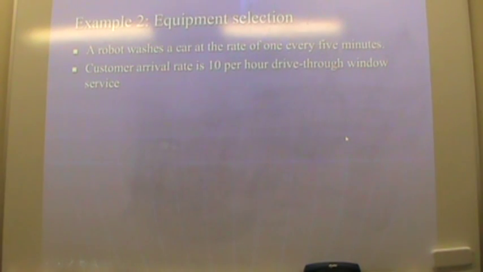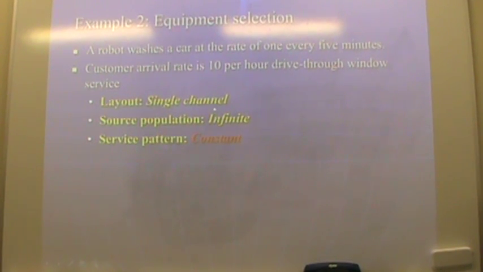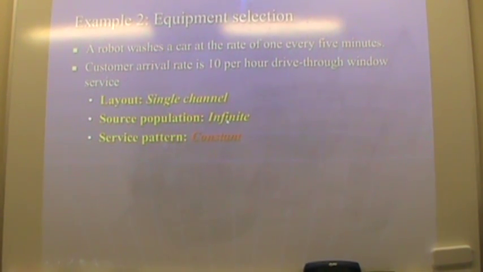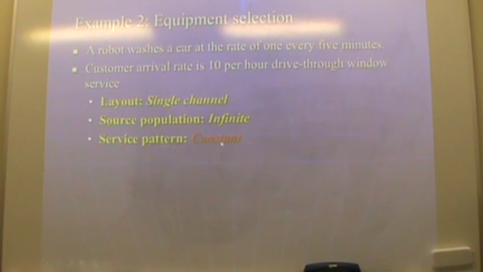And example 2 is about model 2. Model 2 is single channel, infinite source of population, but the service pattern is constant. I use model 2 because a robot washes a car at the rate of 1 every 5 minutes. So the service pattern is the same all the time.